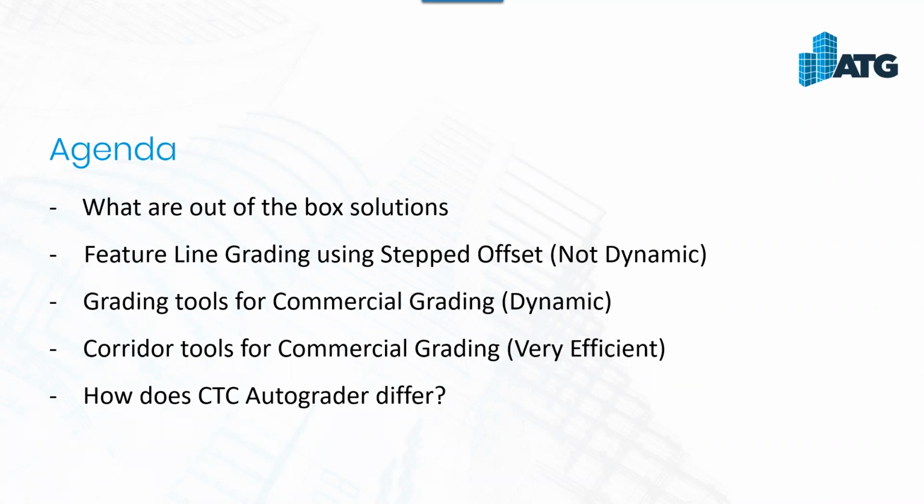It does utilize the feature line grading, but in a way where it's semi-dynamic, meaning I can create children feature lines off of my main feature line. As I make changes to my main feature line, the changes will reflect to my other feature lines, and I won't have to worry about them getting confused or lost in the mix. Very streamlined, very lightweight solution.